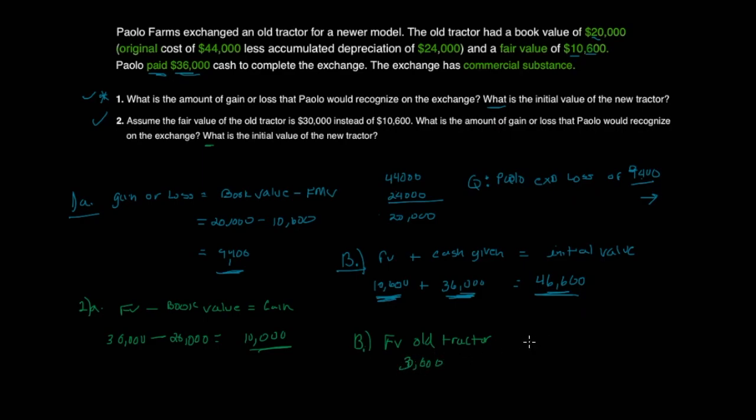And then we are going to add the cash given, the excess value here. We're going to add more value to this asset of $36,000. And then we are going to arrive at $66,000, which is the initial value of new tractor.